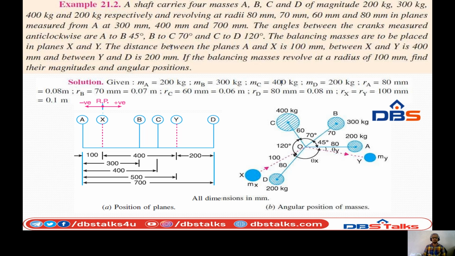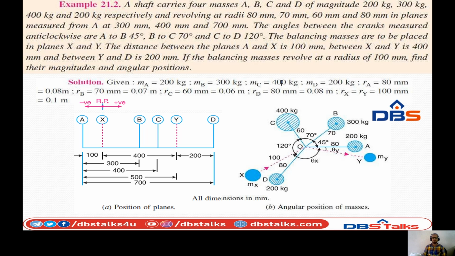So make a reference of A and draw the angular positions of the masses. So O to A, that is one mass, is positioned horizontally. For that we make 45 degrees so that the B mass is presented. If you see diagram B, the angular positions of the masses show based on the given data.